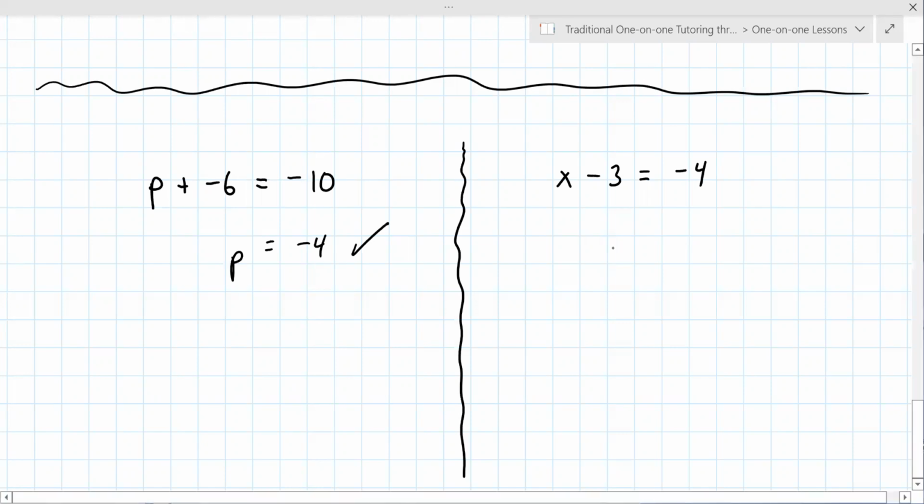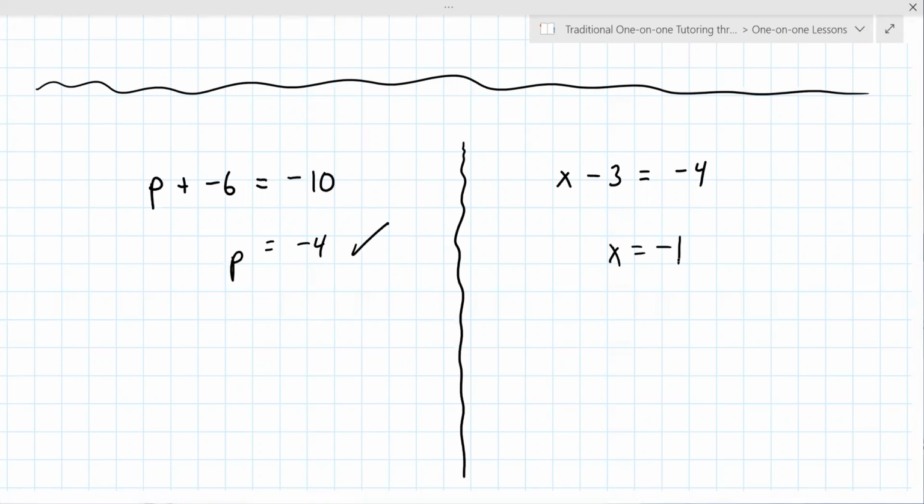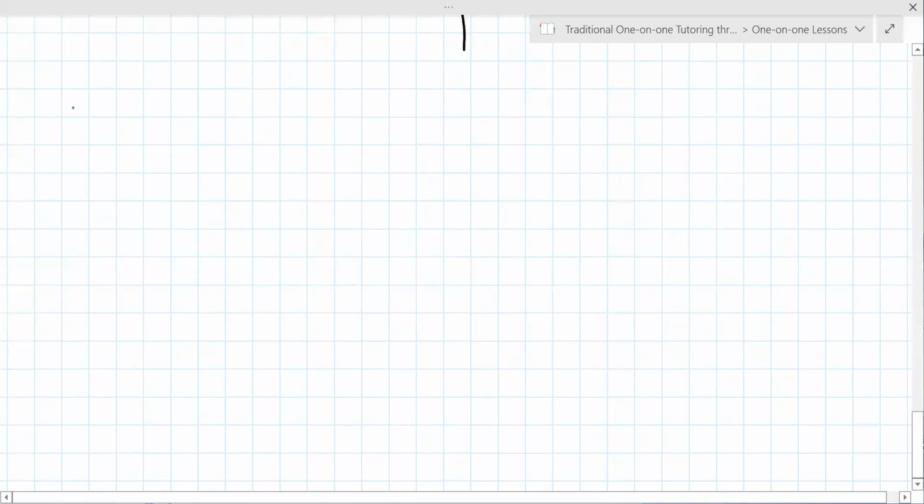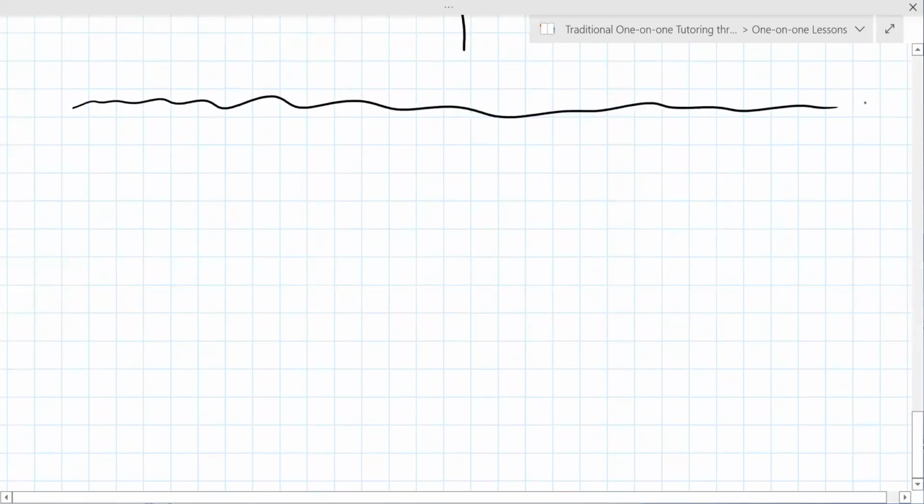Yes. X equals -1. Good. All right, excellent. Okay, so let's move on to some other types of equations that you might have to solve, and we'll look at them now.